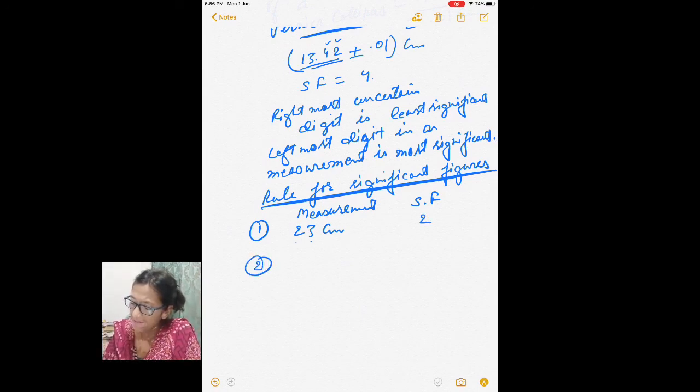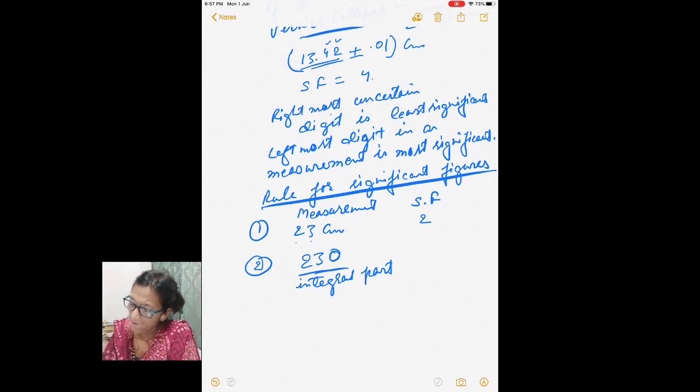Now second case, suppose you have a number which is equal to 230. This is a measurement which contains 0. In an integral number, in the integral part, where you do not have any decimal part, you will not count 0 as a significant figure.